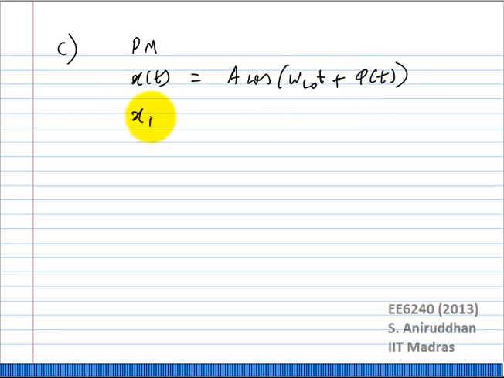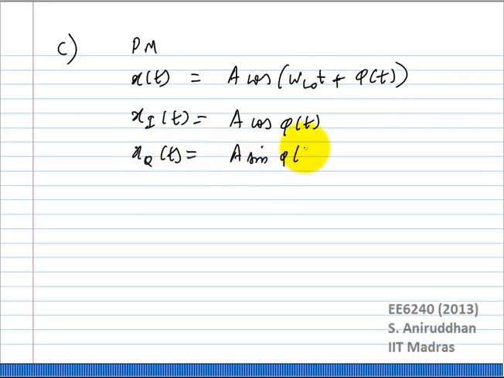So xi of t is A cos phi of t and xq of t is A sin phi of t, right?